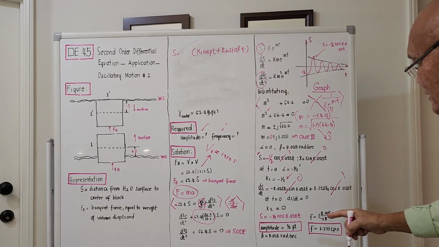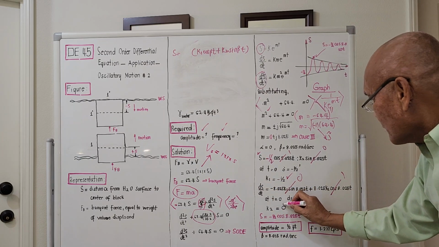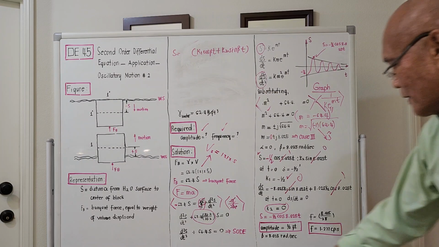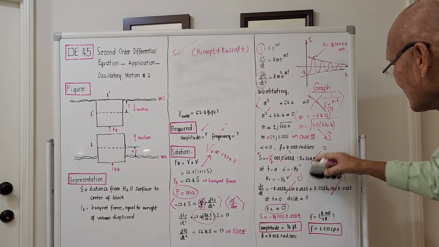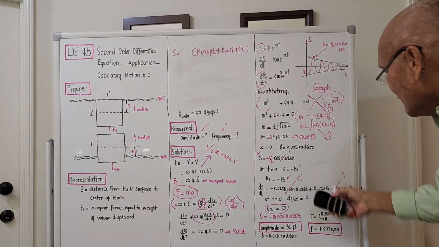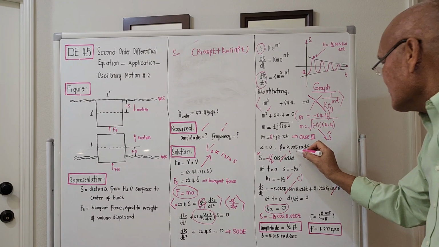But if we equate ds/dt equal to 0, the value of K2 will be 0. So the resulting particular solution is simply this one. K2 is 0, so this part of the particular solution is missing.